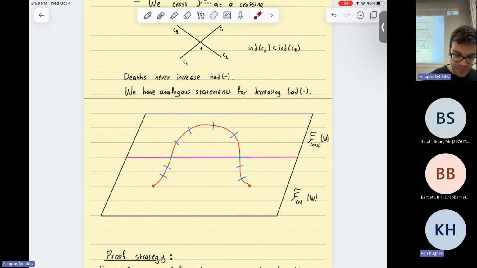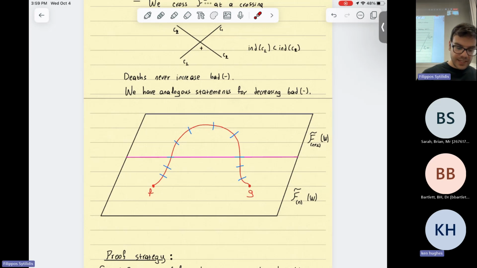We have two functions, f and g, in F sub n. They have badness n, and I have a path, and all functions within this path have badness n plus 1.